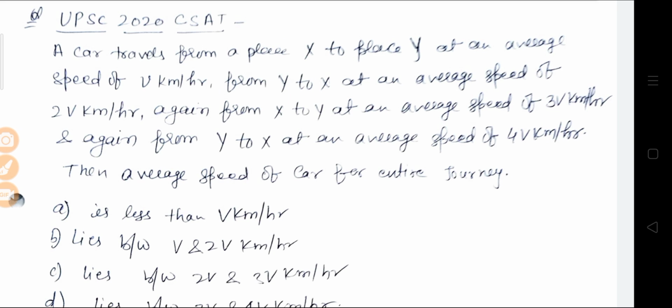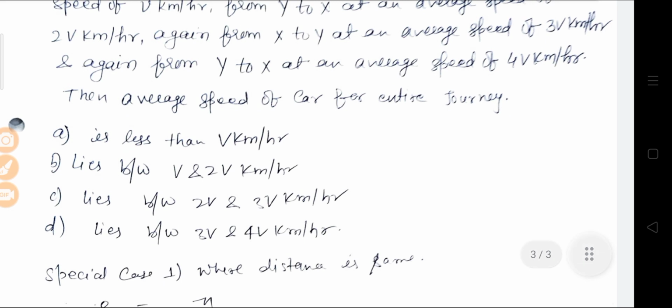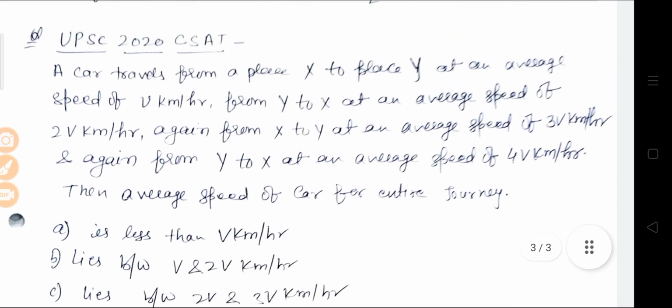Okay, and also in the case of the last option, D lies between 3v and 4v, here you can also see that the velocity in the third case is 3v and in the last case 4v.